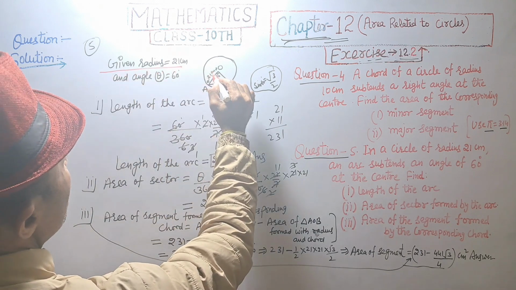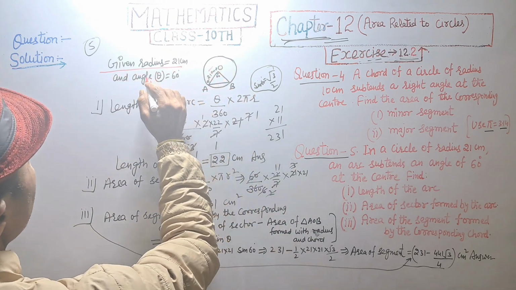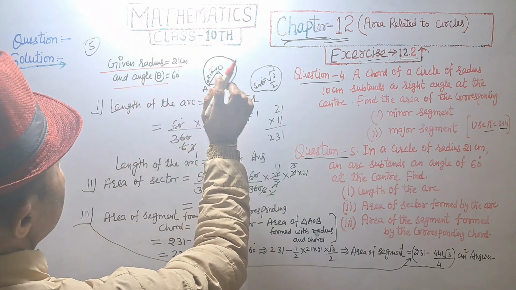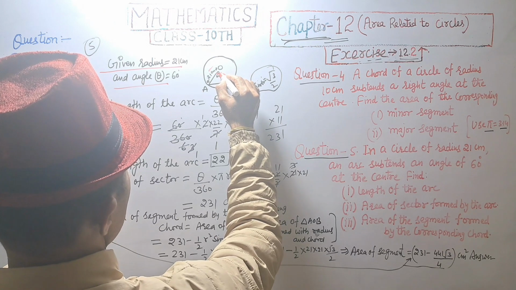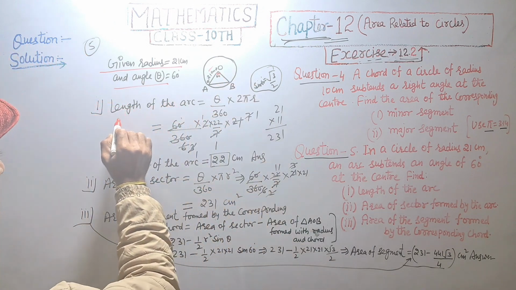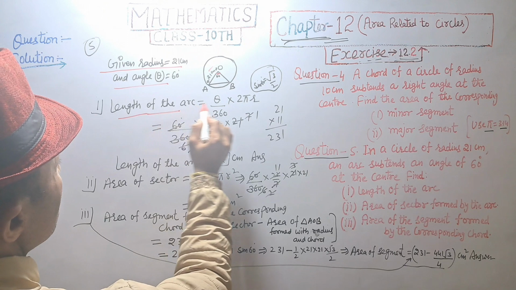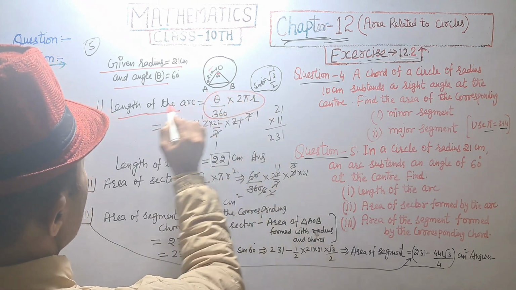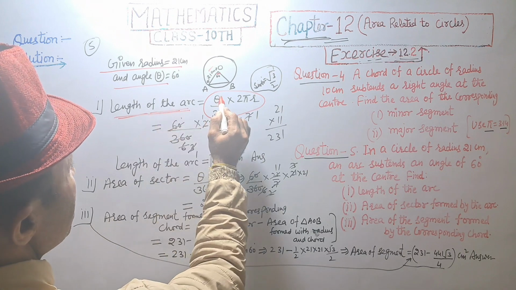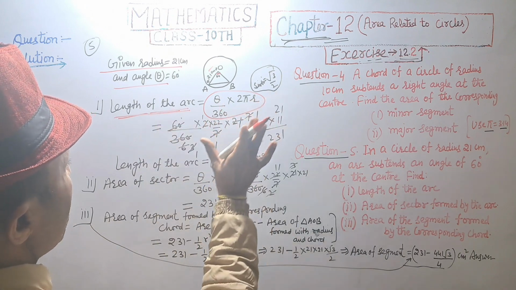Given radius 21 centimeter and angle theta is 60 degree. Length of the arc is equal to theta upon 360 into 2 pi r.